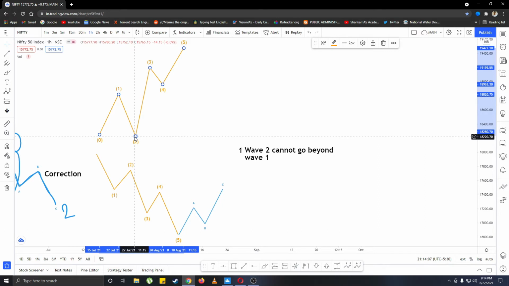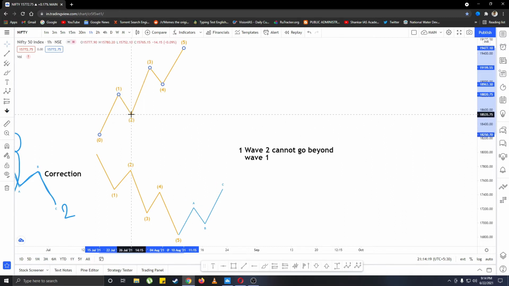It can never go below the start of wave 1, so we have to keep this in mind. It can retrace even 99.9% of wave 1, but it should never cross it. This is the first rule.